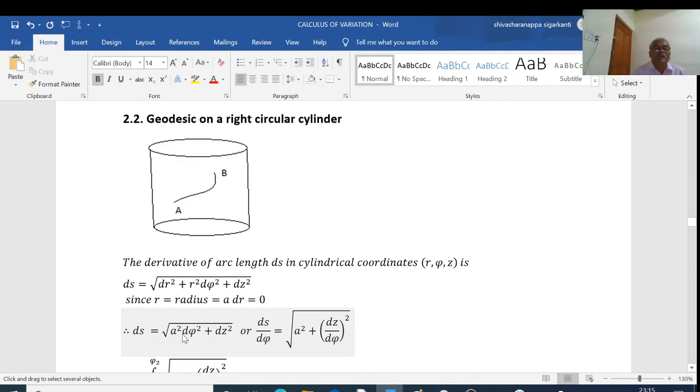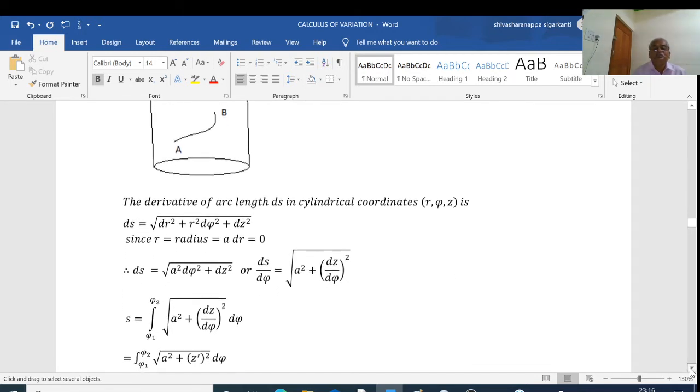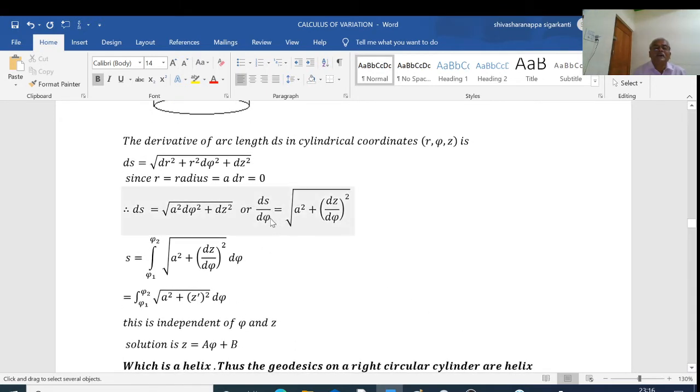Taking d phi square common factor in this root and writing d phi outside, we get ds by d phi equal to root of a square plus (dz by d phi) square. Here, phi is the independent variable. If I integrate this, I will get s equal to the integral from phi 1 to phi 2 of root of a square plus (dz by d phi) square d phi. Phi is the independent variable, and z is the dependent variable.